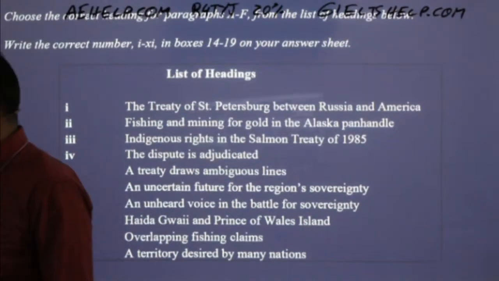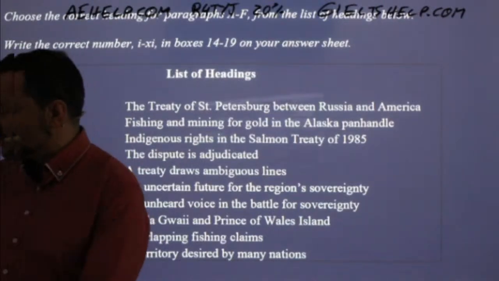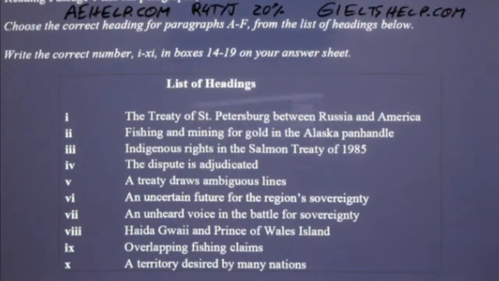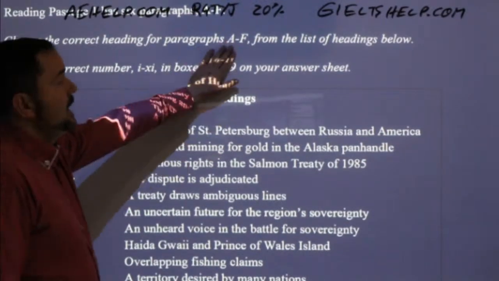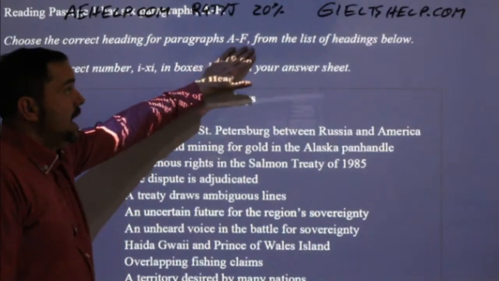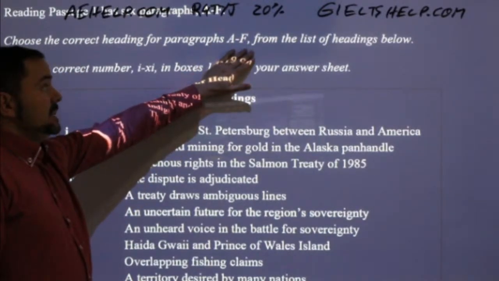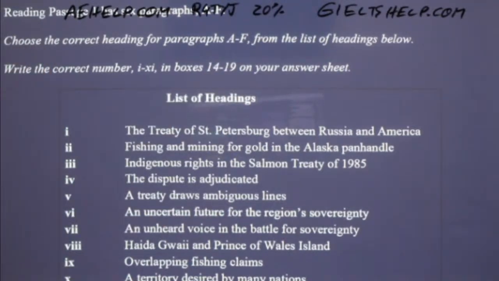I have my answer key here included, so I don't want to show you that, or I'll show you that as little as possible. But basically, this passage has paragraphs A to F, okay? So it has 6 paragraphs, and you have to figure out which title is correct for each one.